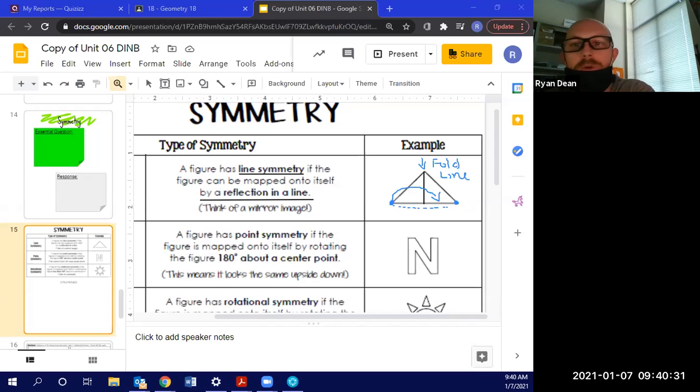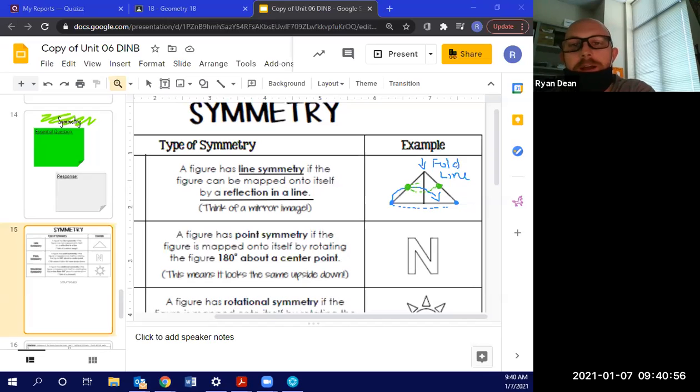Okay, so if there was a point that was, let's just say, right here in the middle of this line, if I were to fold it, it would be mapped exactly to the same spot on this line.